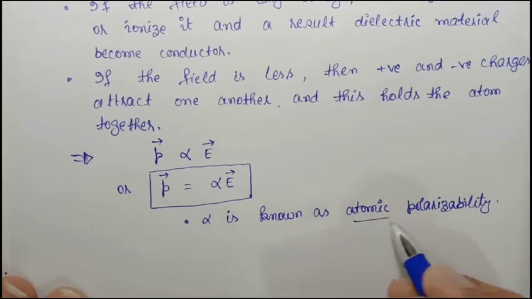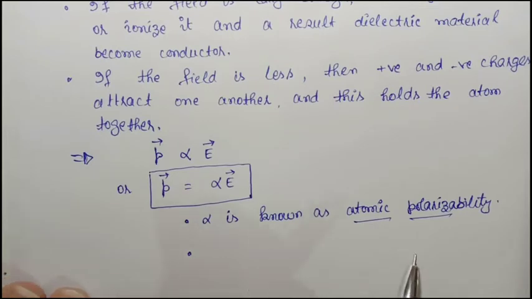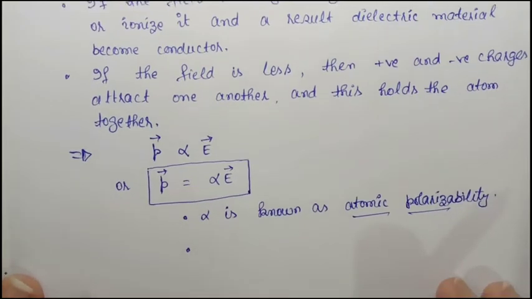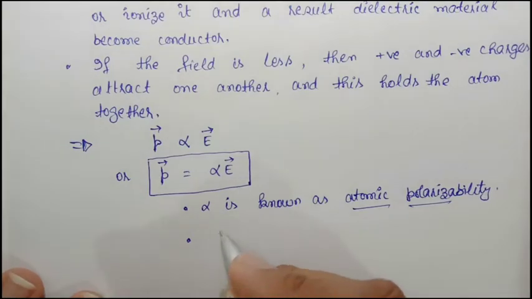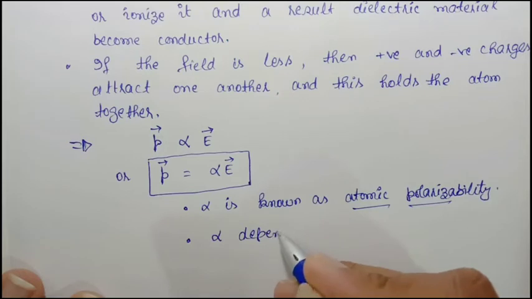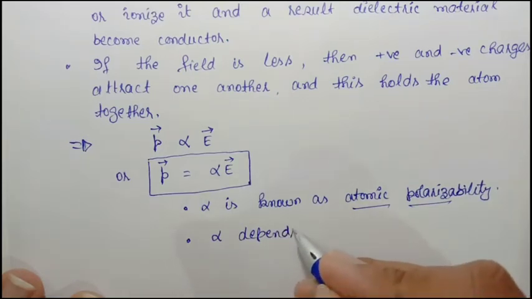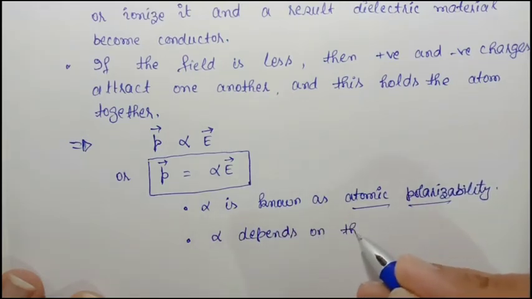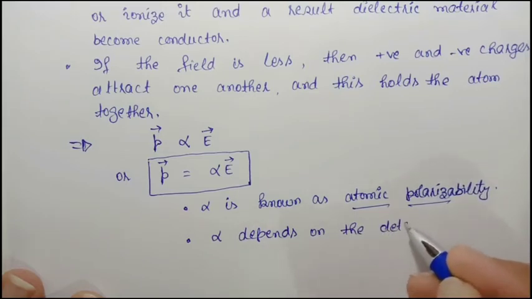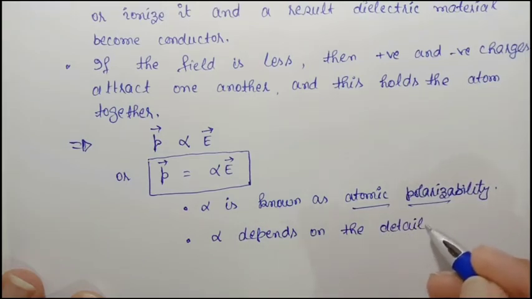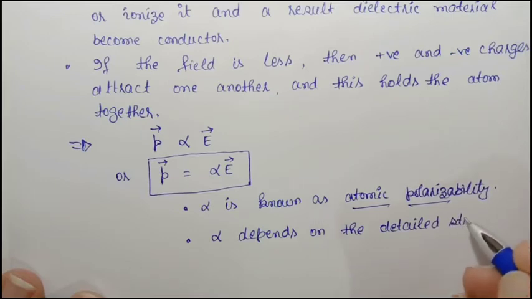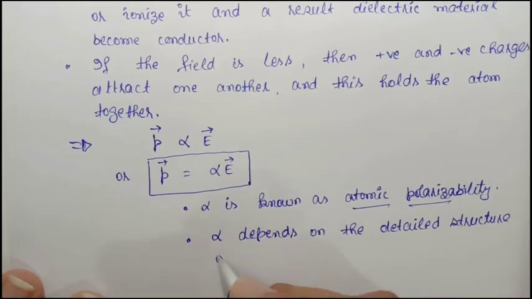Further, this atomic polarizability alpha depends on the detailed structure of the atom which is under consideration.